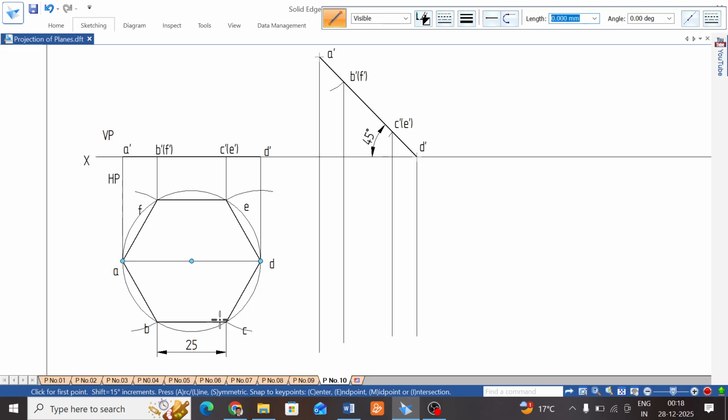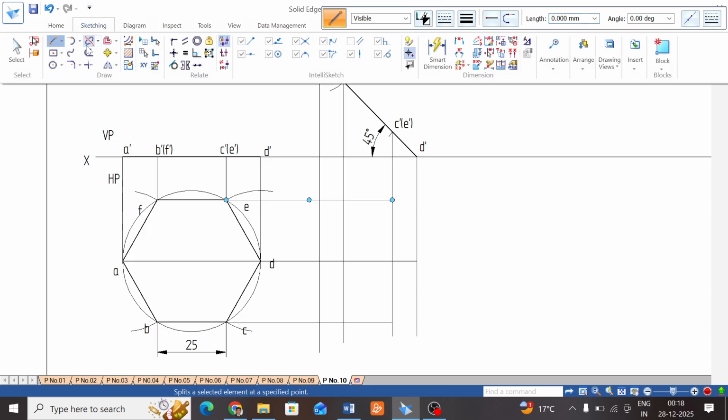Now project here: b is here, c is here, and next a and d, a is here, d is here, and next f is here, then e is here.